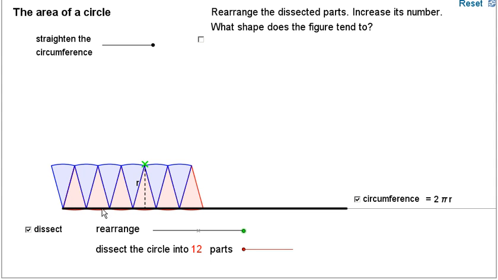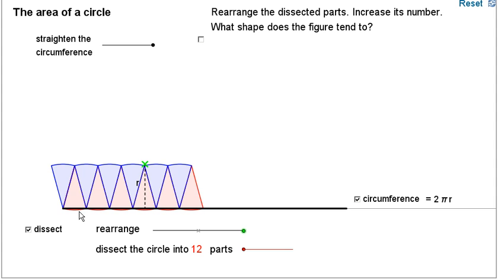So now I have a parallelogram that is pi r long at the base. So its dimensions are pi r, and its height is r. If you recall how to find the area of a parallelogram, you do the base times the height.